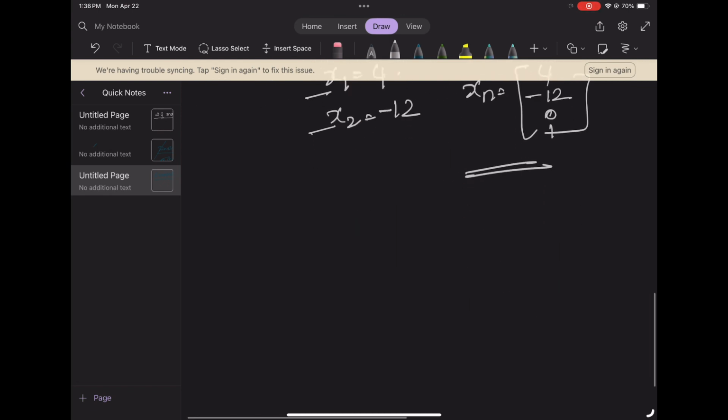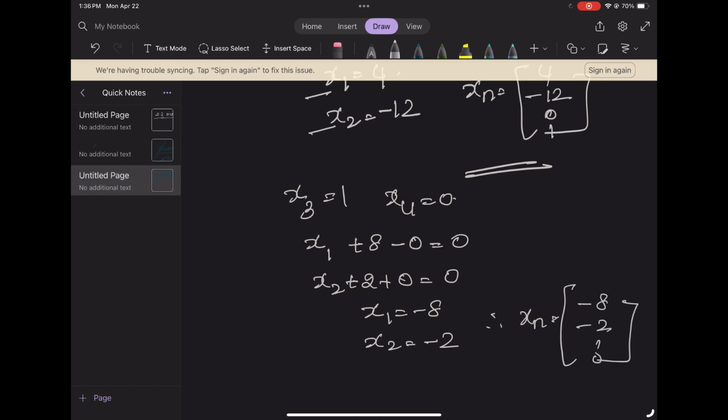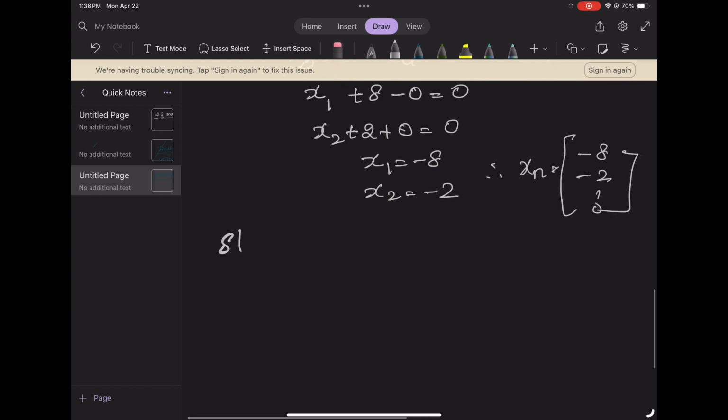Now we do the vice versa: x3 = 1 and x4 = 0. We apply the equations: x1 + 8 = 0, x2 + 2 + 0 = 0. So x1 is -8 and x2 is -2. Now can I write the equation? Yes, it is (-8, -2, 1, 0). Now we have all the matrices.